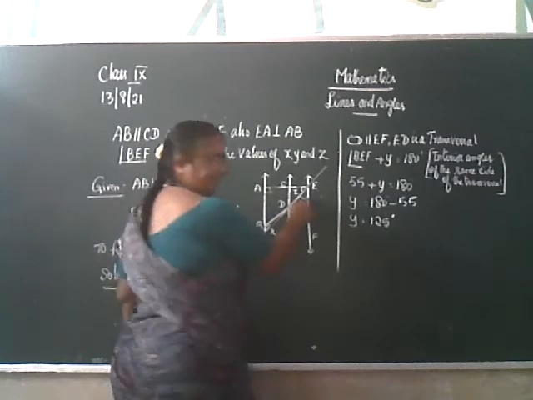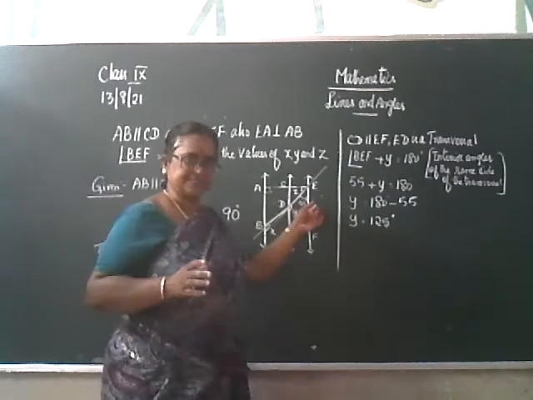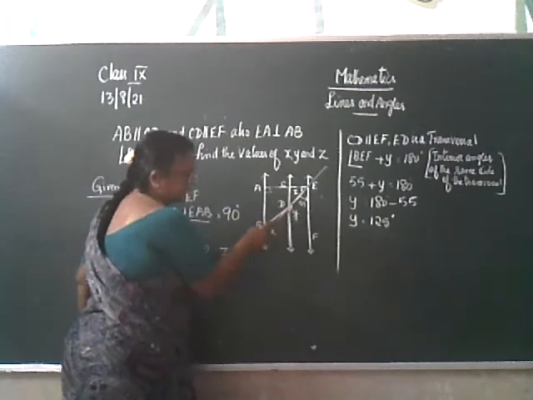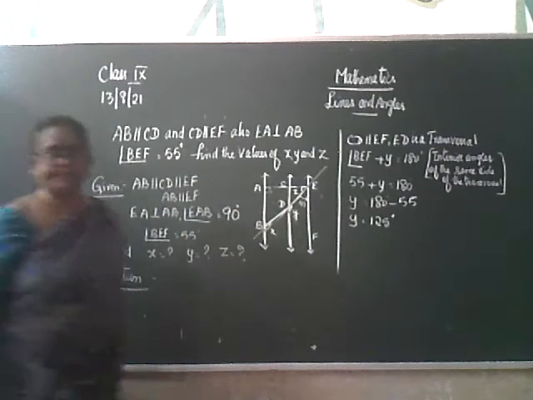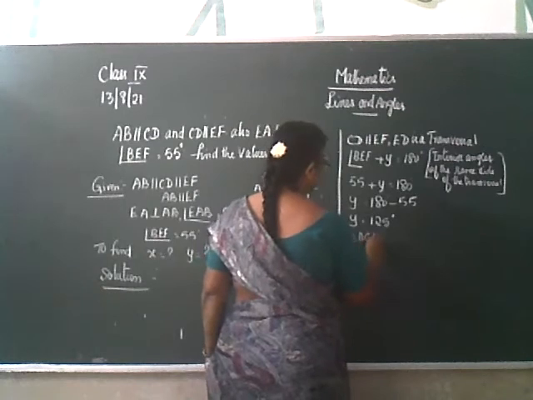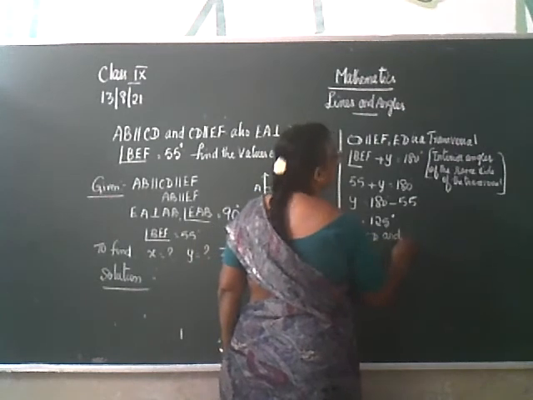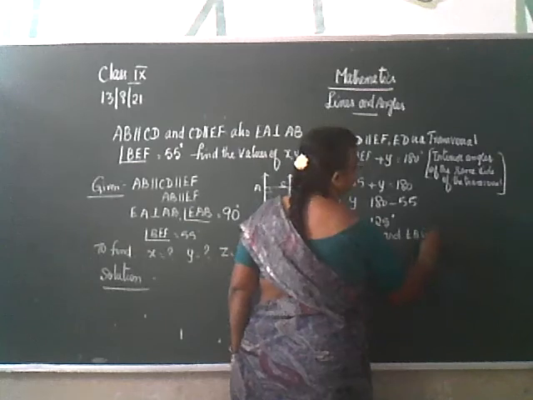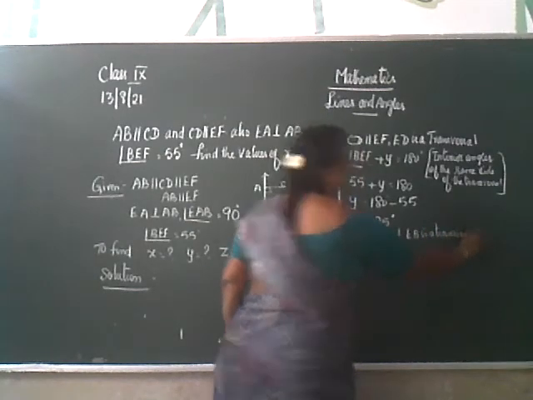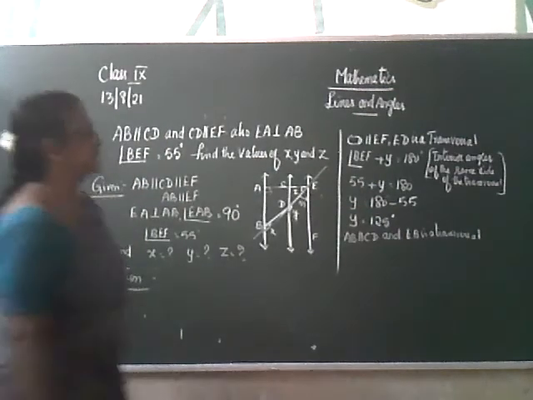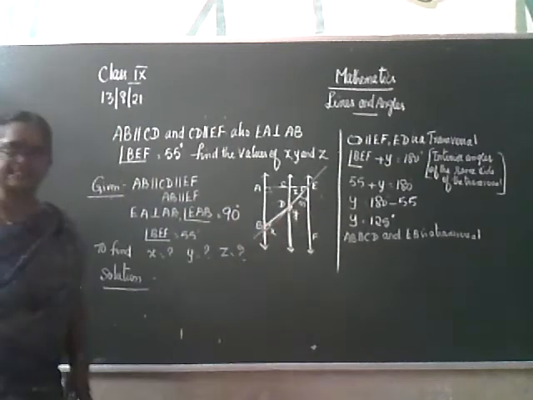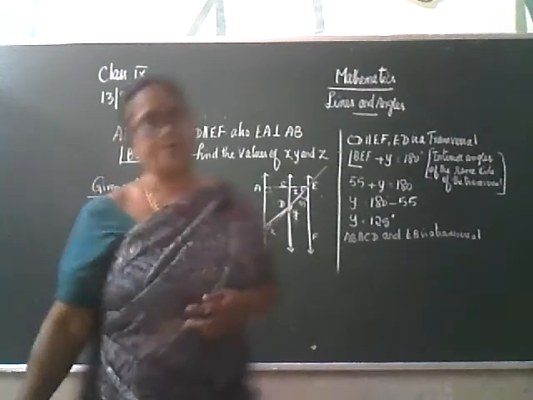So I can say if AB is parallel to CD and EB is a transversal, then I can say Y is equal to X because both are corresponding angles.